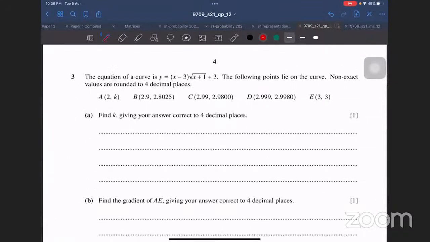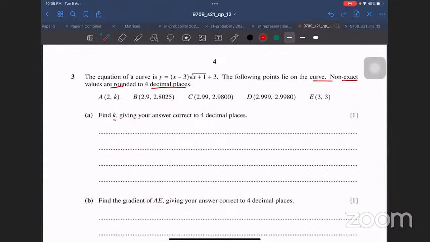Question number 3 says the equation of a curve is y equals this. The following points lie on the curve. Non-exact values are rounded to 4 decimal places. Find k, giving your answer correct to 4 decimal places.